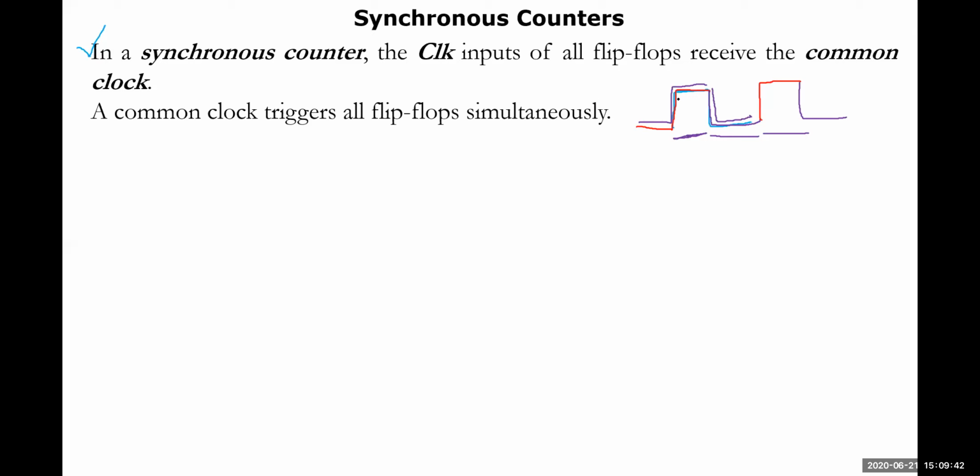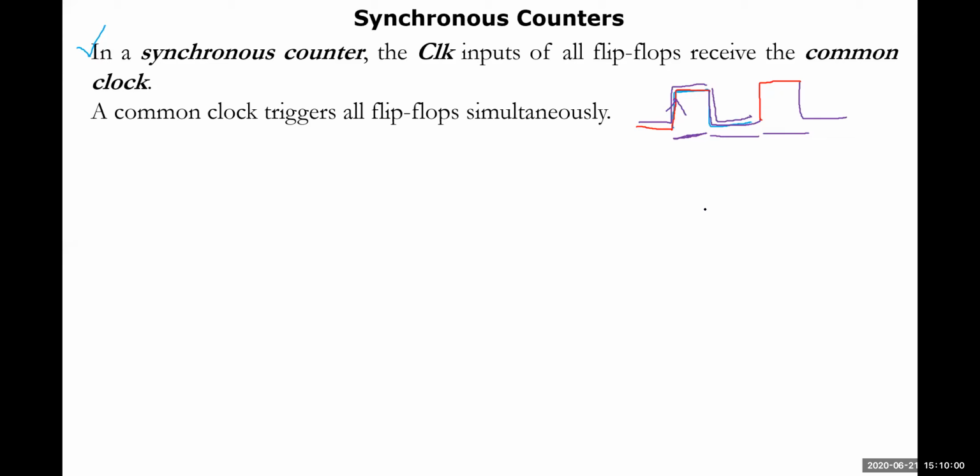So when it is positively triggered, the clock pulse will be generated, and it will be supplied to all flip-flops available within the design of our counter.